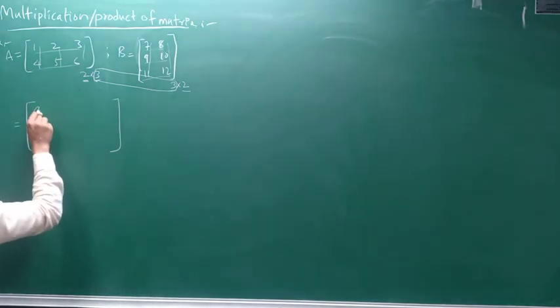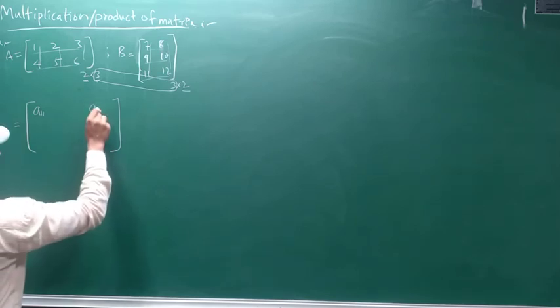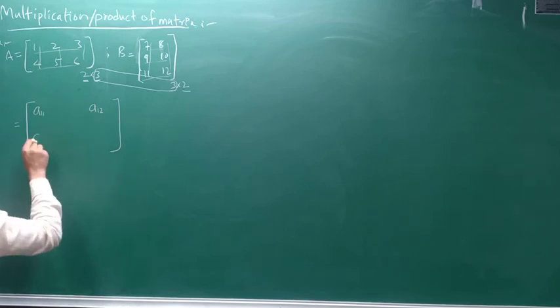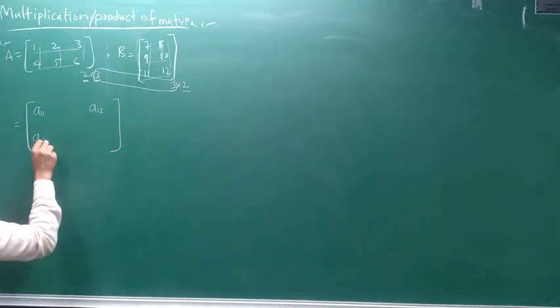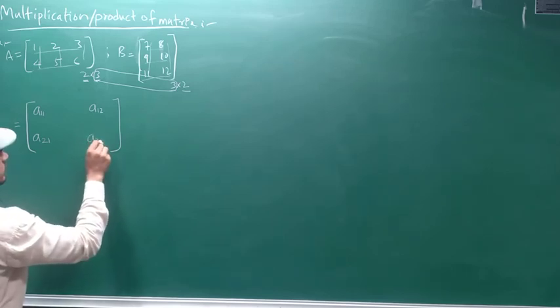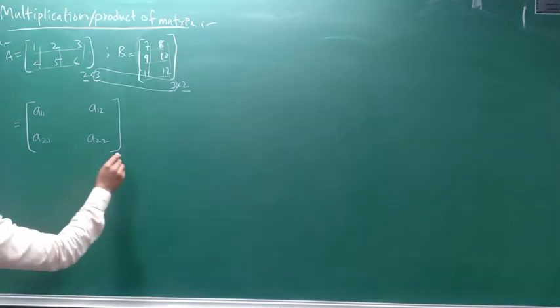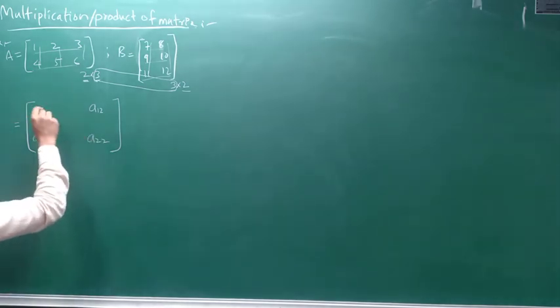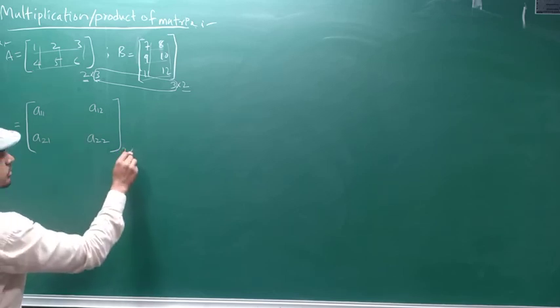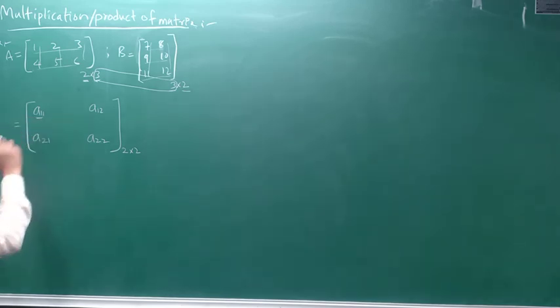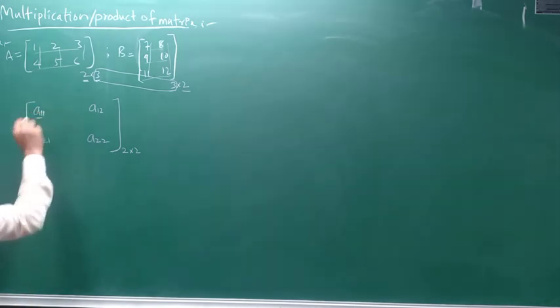The first element will be A11, the second element will be A12, the third element will be A21, and the fourth element will be A22. In this matrix there are 2 rows and 2 columns, so the order will be 2 by 2. What does it mean? In A11, the first 1 means the first row and the second 1 means the first column.